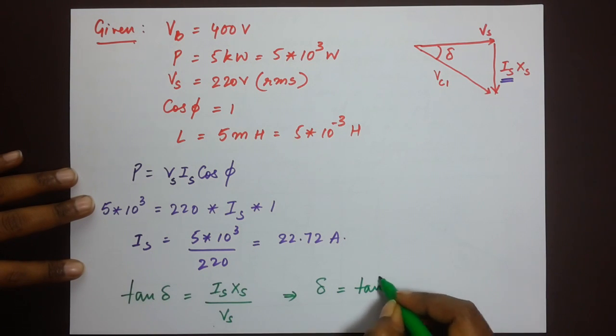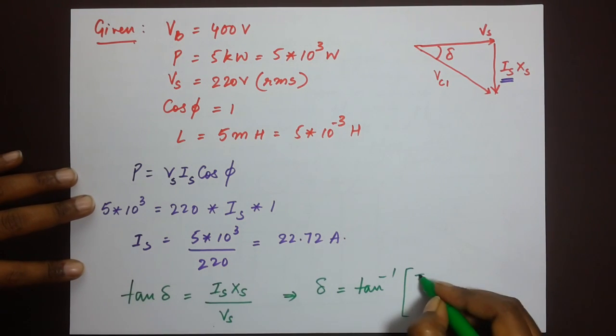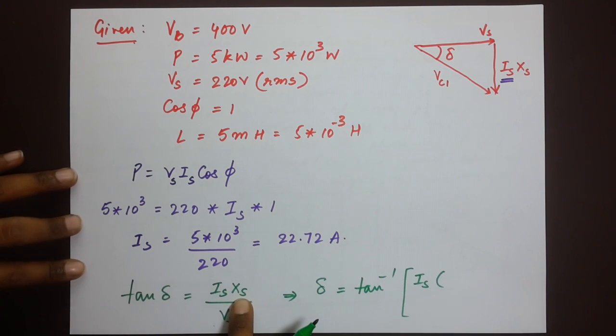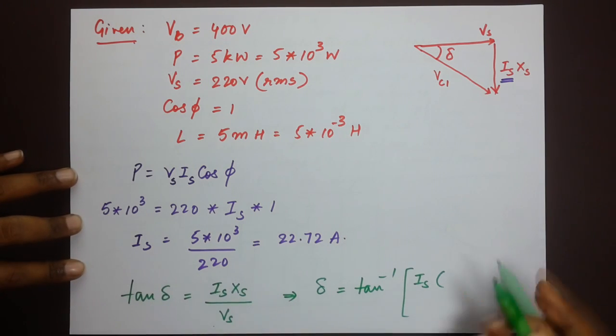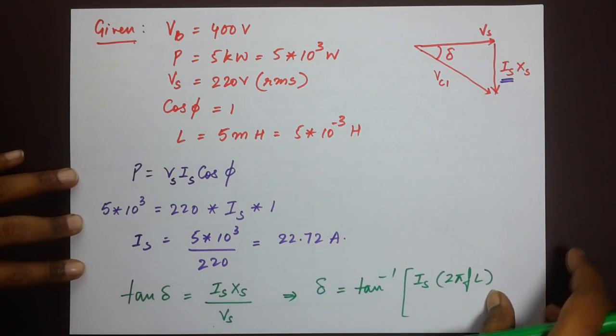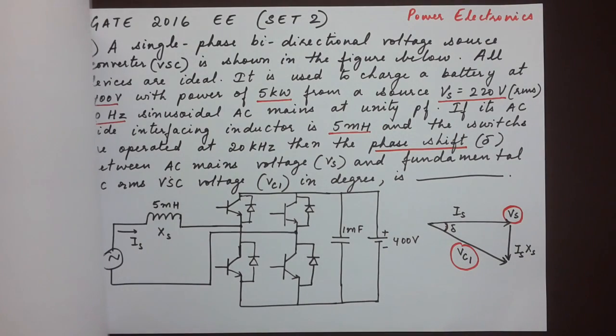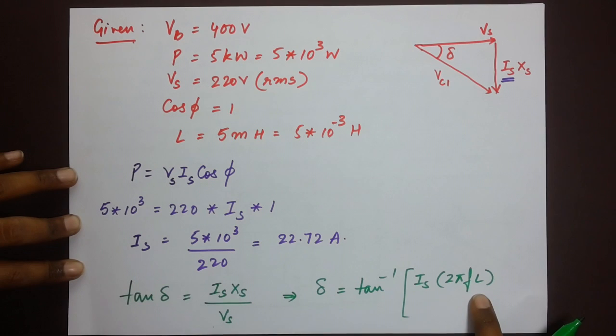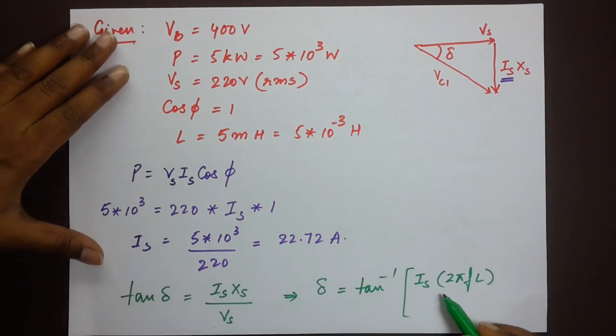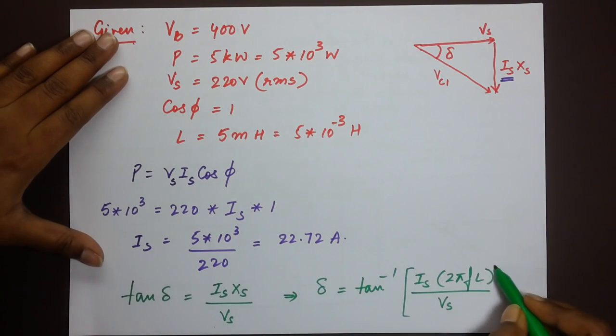So we get here delta is equal to tan inverse of Is. Now we need Xs too, right? So Xs can be written as 2 pi FL. Since we have an interfacing inductor in the figure, if we are to write down the reactance of the source, we write it in terms of inductance L. So 2 pi FL divided by Vs.